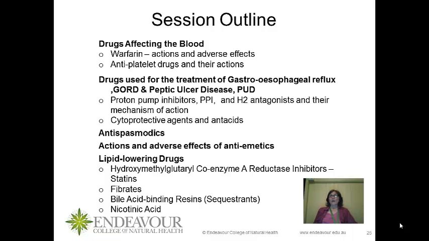There are other disorders and various reasons why statins could not be prescribed. So we'll look at the role of fibrates, bile acid binding resins, sequestrants, and a vitamin, but taken as a medication and in quite large doses, nicotinic acid, and we'll look at the limitations of each of these lipid-lowering drugs.